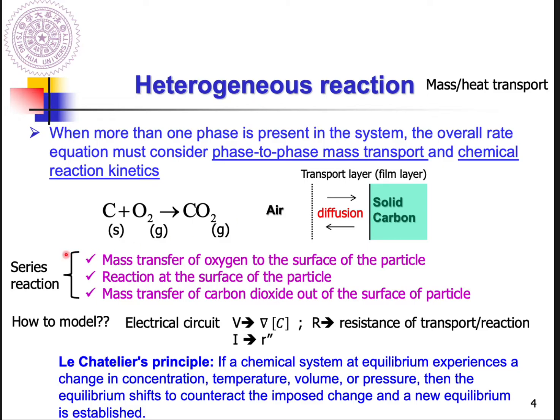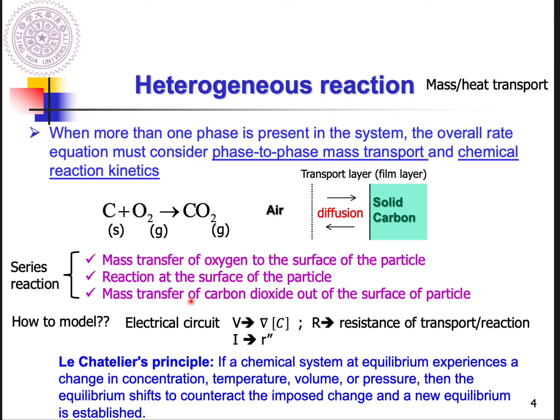So in order to obtain the overall rate equation, it can be simply classified into three steps. The first one is the mass transport of oxygen to the surface of the particle. Then this oxygen will start the chemical reaction with the solid carbon.